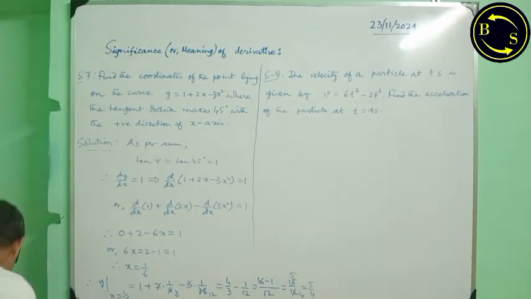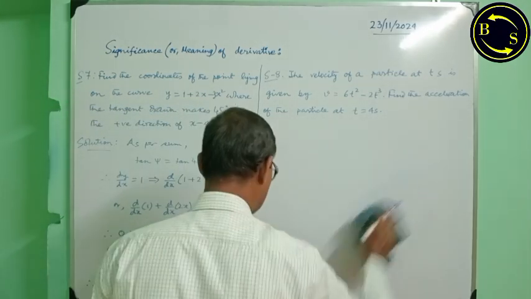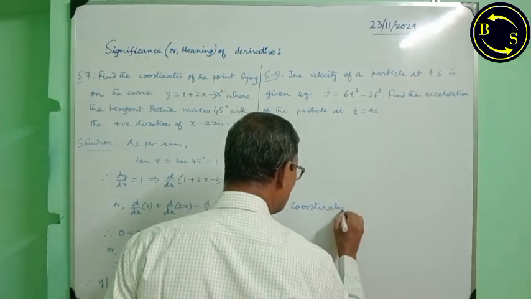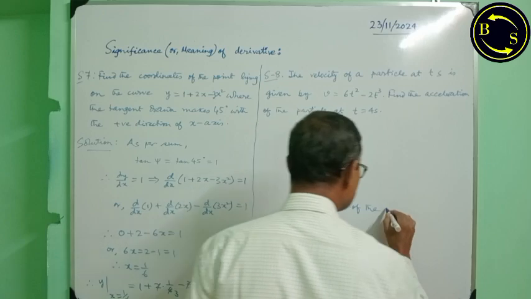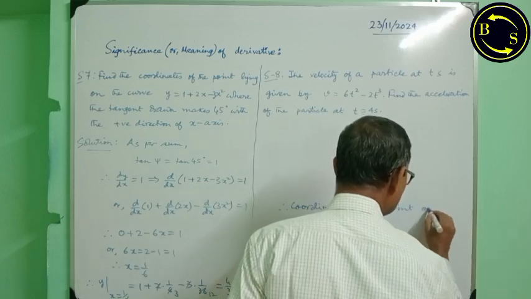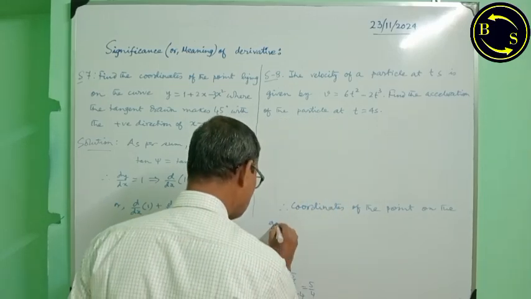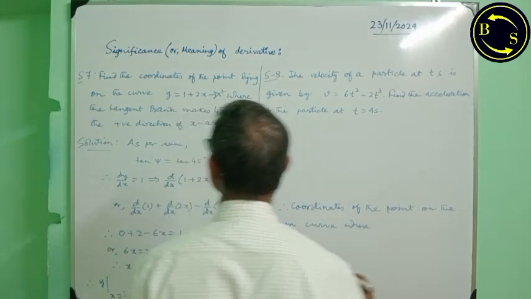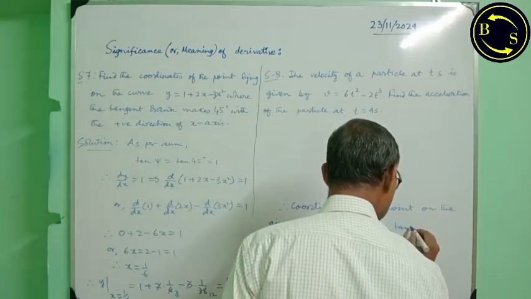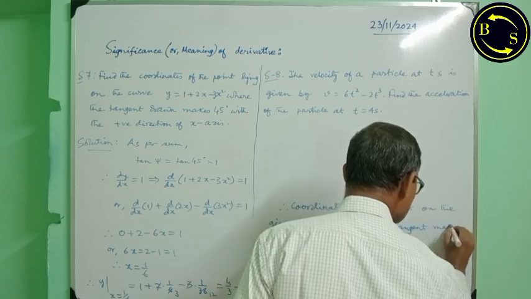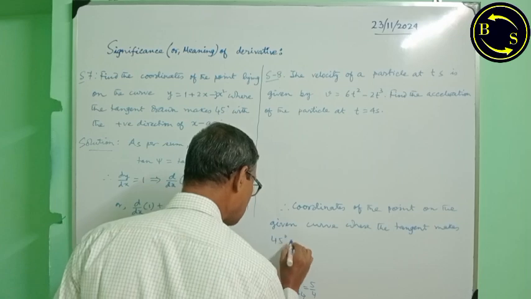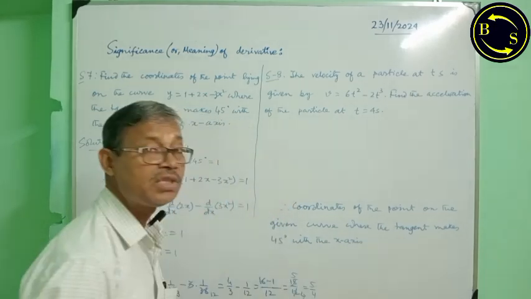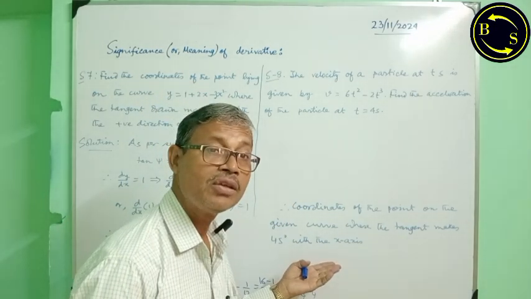Therefore, I write here, coordinates of the point on the given curve where the tangent makes 45 degree with the positive direction of x-axis, or we simply say with the x-axis, is same.